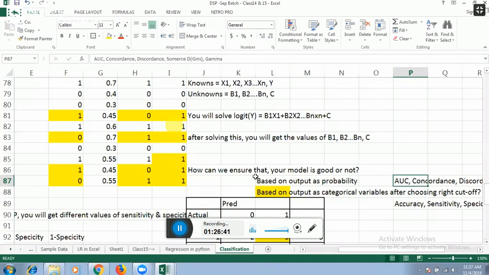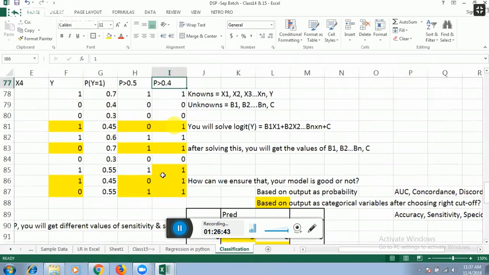Once you decide the cutoff, once you get the cutoff, I can get these metrics, right? But to achieve the cutoff, what do I need to do? Calculate sensitivity, specificity, etc. for different cutoffs, and identify the best cutoff value, which gives me a high sum of sensitivity plus specificity, or maybe high accuracy.